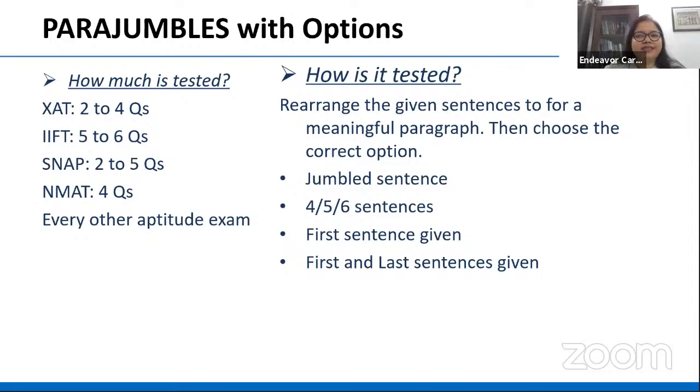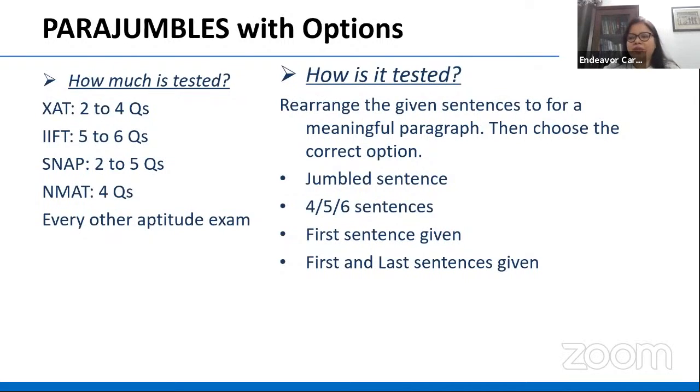Now, 5 sentences jumbled up can be a little more challenging than 4 sentences. Obviously, there is more to read. There are more connections to establish. The 6-sentence parajumble has been a trend in CAT for several years before they moved into parajumbles without options. So what are these 6-sentence parajumbles? You have either the first sentence fixed and the rest of the sentences jumbled up, or you have the first and the last sentences fixed and the middle 4 sentences jumbled up.